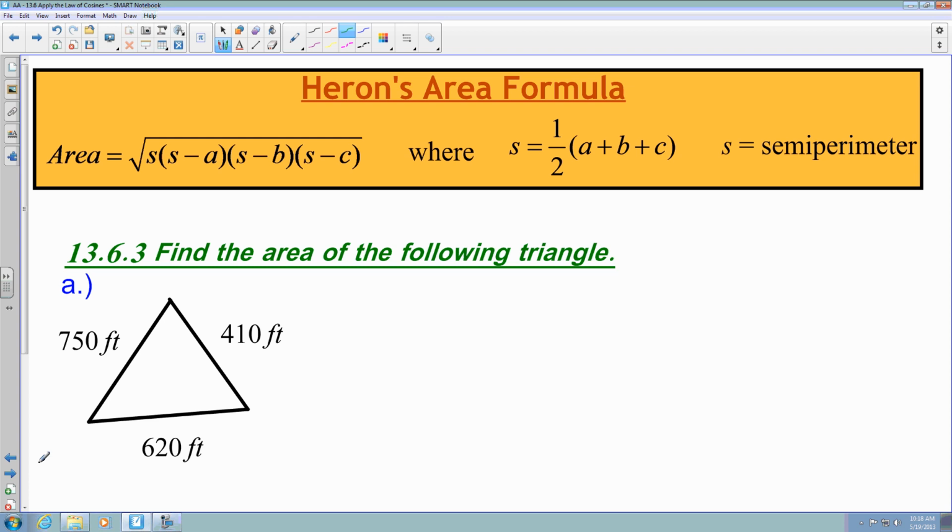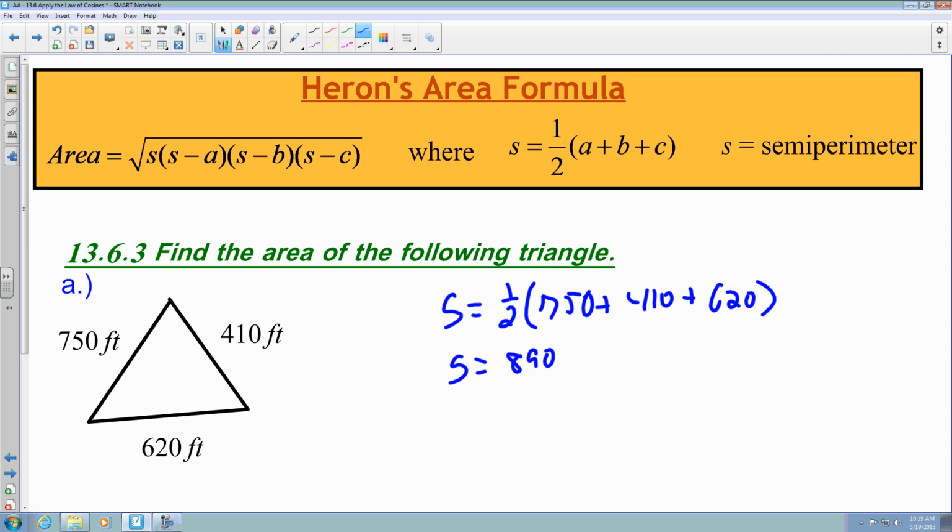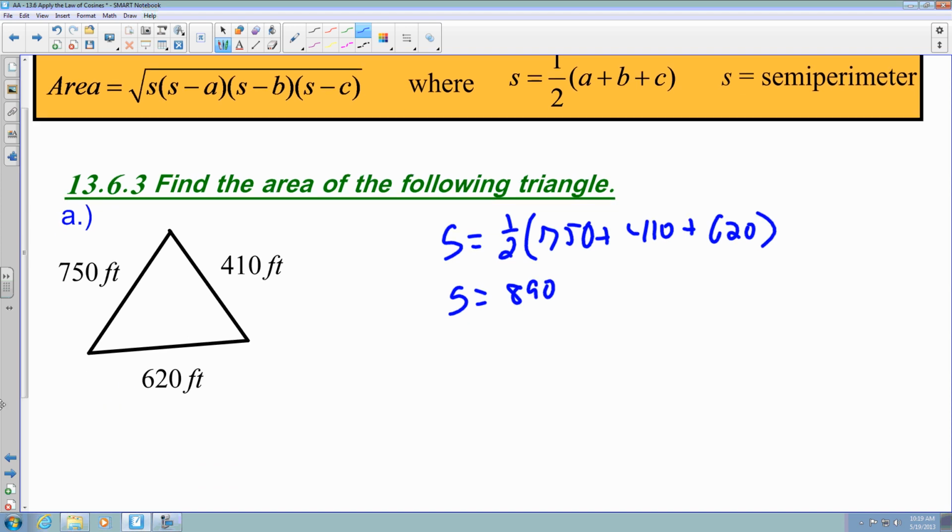So first thing we have to do is find out what S is. You can find out what S is by taking 1/2, multiplying it by 750 plus 410 plus 620. So 750 plus 410 plus 620 gives me 1780, and to divide that by 2, we're multiplying it by 1/2. So my S here is 890. So now we just get to put this into the formula.